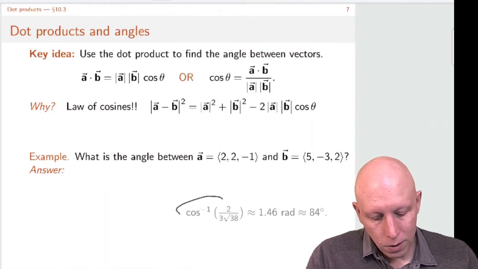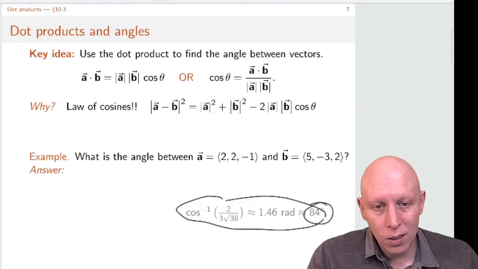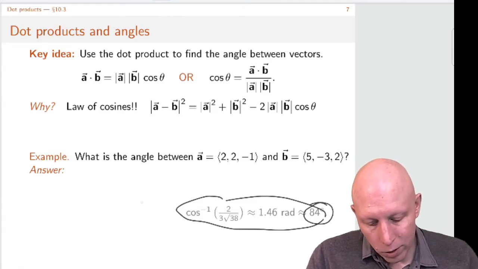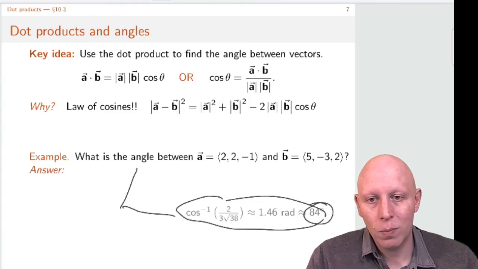And if we plug that into our calculator, it'll tell us that the angle between these two vectors is about 84 degrees. Right? 84 degrees, that's almost a 90-degree angle. It's almost a right angle between them.